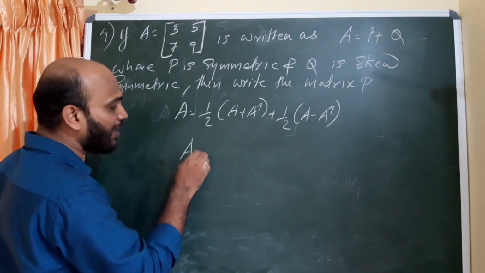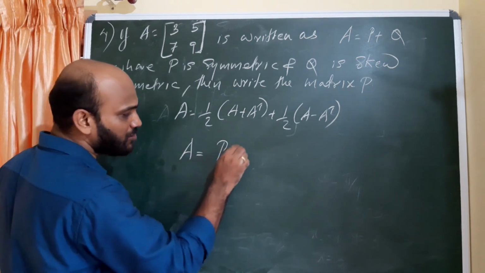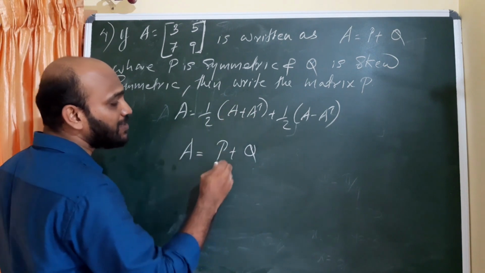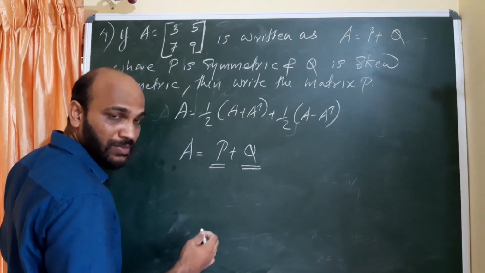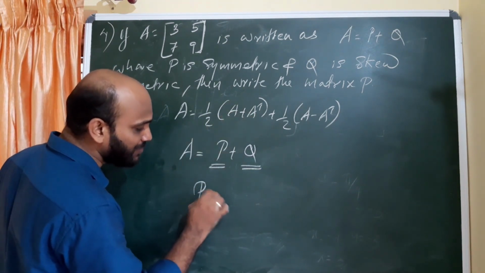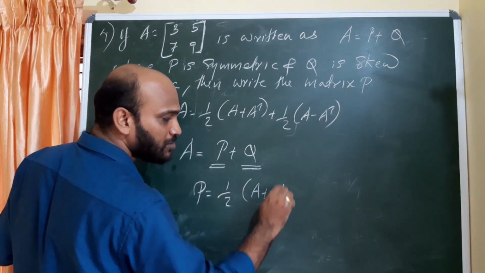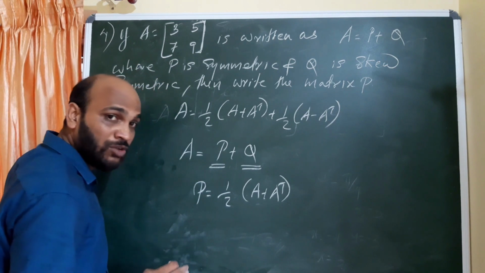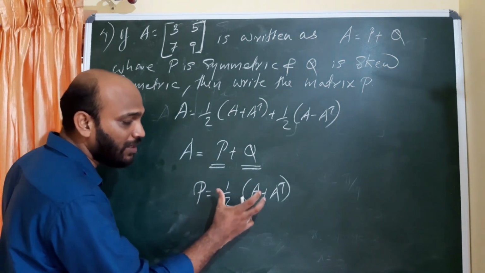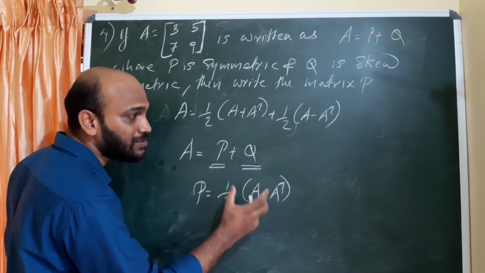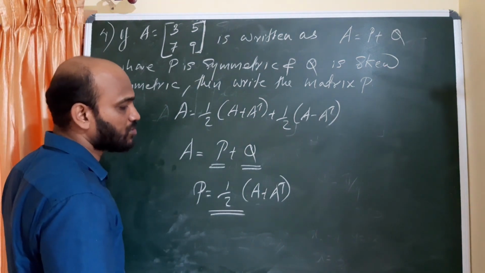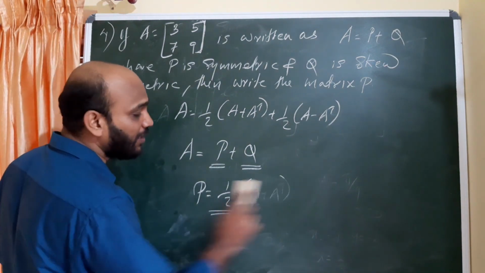Here matrix A is represented as P plus Q, and given that P is symmetric and Q is skew symmetric, that means P is equal to half into (A plus A transpose), right? That means in order to find the value of P, we have to find matrix half into (A plus A transpose). So first you have to find A plus A transpose.